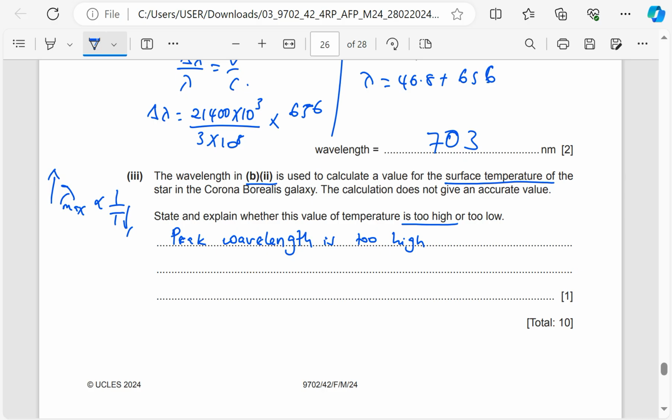From lambda max inversely proportional to temperature, the temperature is too low.